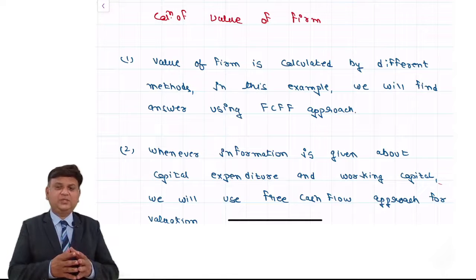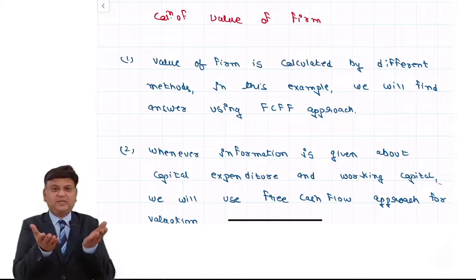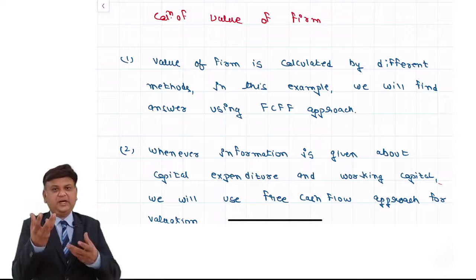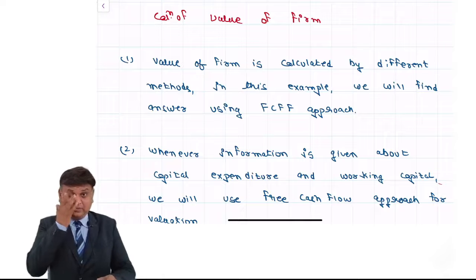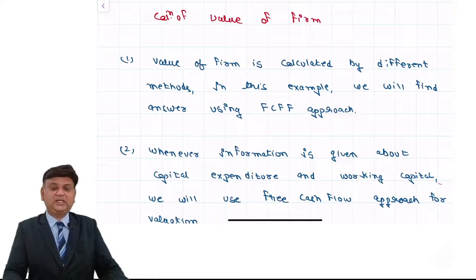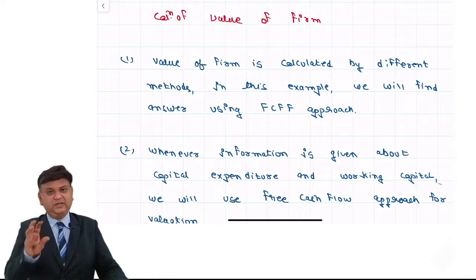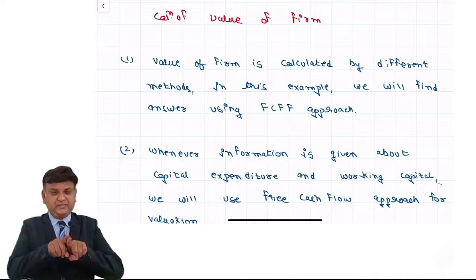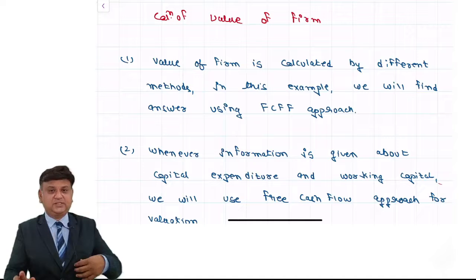Going further in this question, we have been provided with two separate kinds of information for the high growth period and for the stable growth period. For the high growth period, that is first and second year, information is provided, and for the third year onwards for perpetuity, again some information is provided to us. That is the way it is divided into two parts.